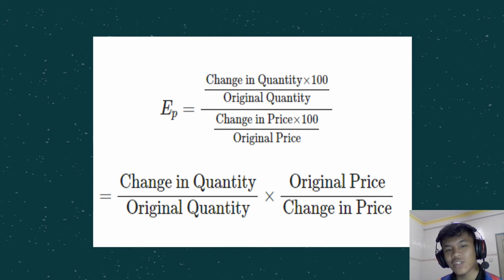Other than that, there is another formula we can use, which is change in quantity over original quantity times original price over change in price. You can choose either the first formula or the second formula. It is up to you.